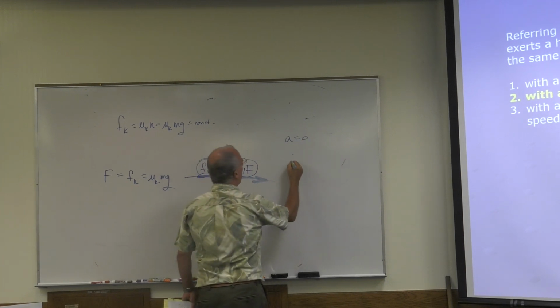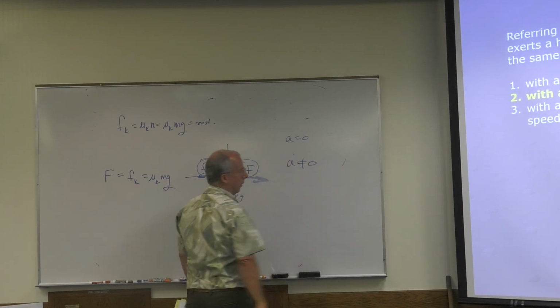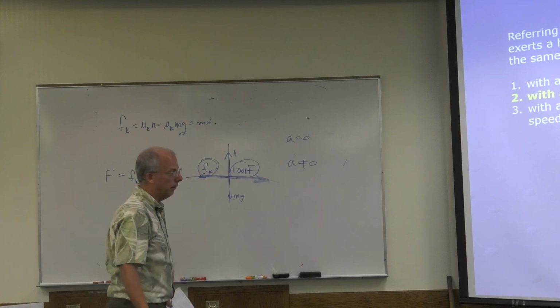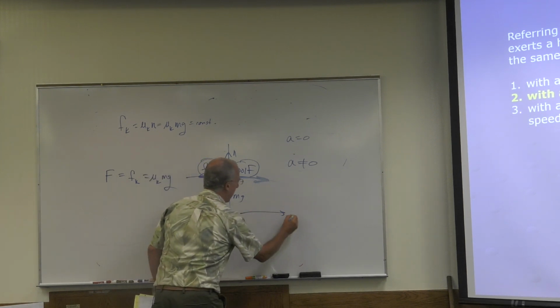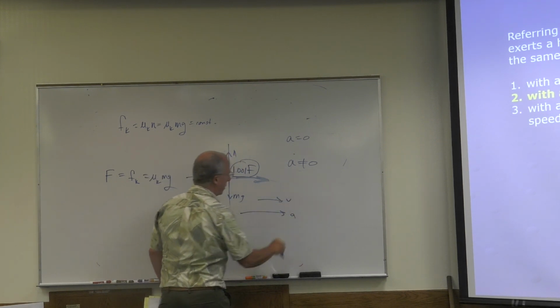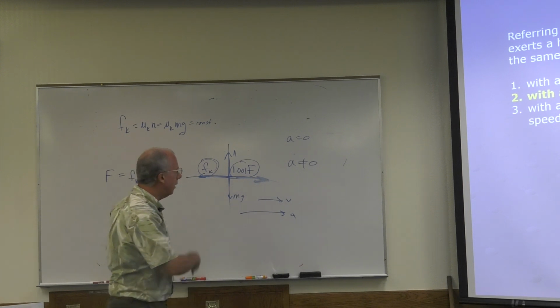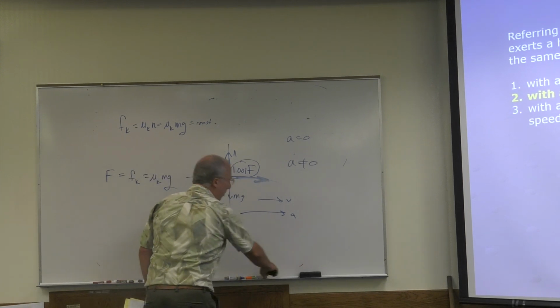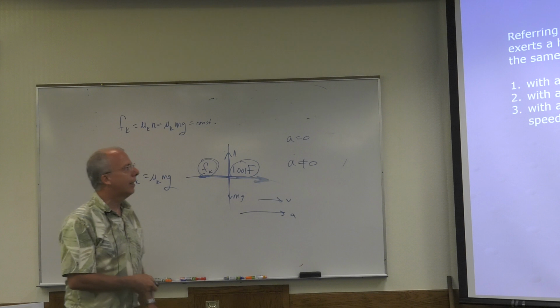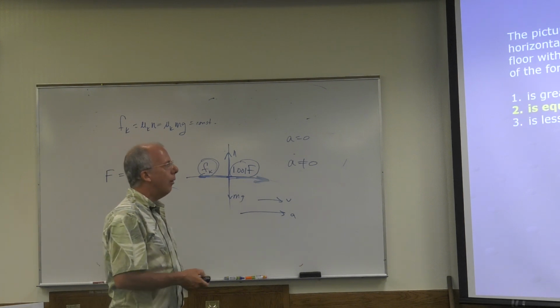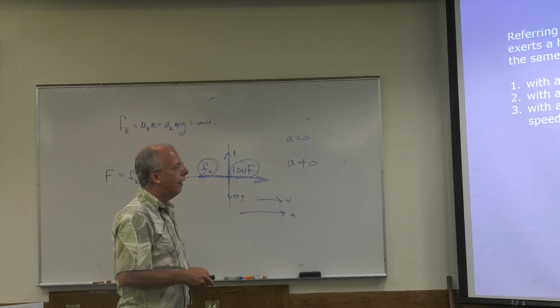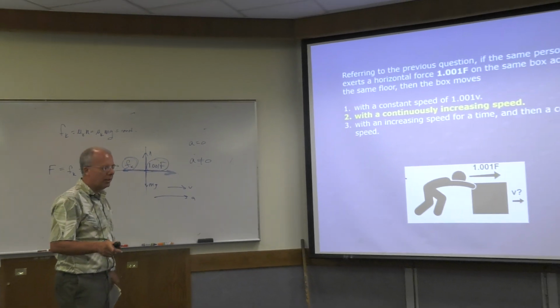On this one, we have a not equal to 0. a is going to be positive. So a is going to be in this direction, velocity is in that direction, and the speed is going to be increasing continually.